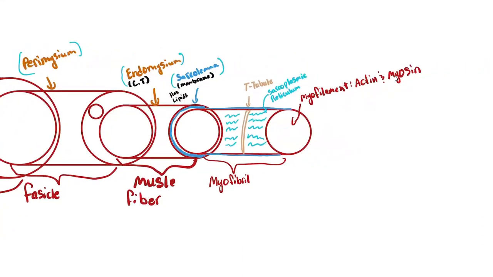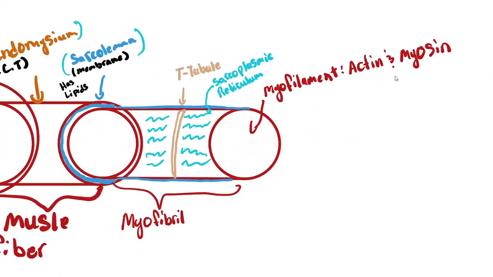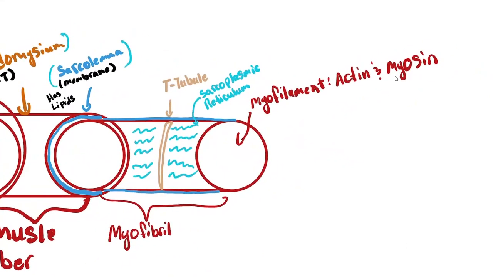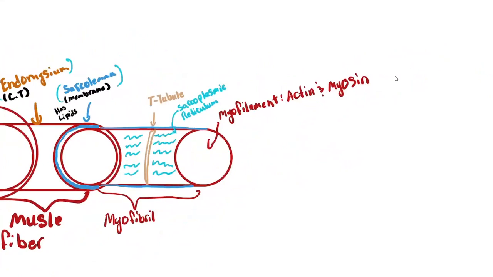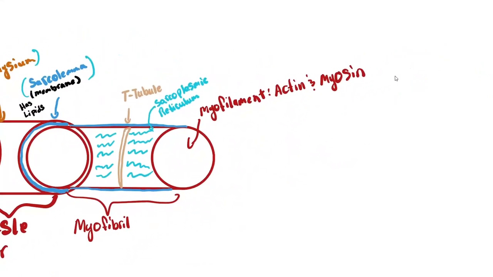Inside the muscle fiber, we have myofibrils. And those myofibrils are surrounded by the sarcolemma. And inside the myofibrils, we have the myofilaments, the actin and the myosin.